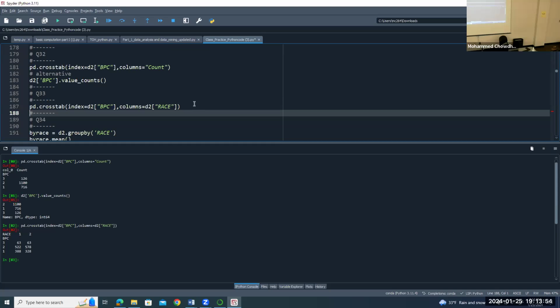I have to read it as race 2 with blood pressure category 3 equal to 63%. Understand? How can you read that? Race 2 with blood pressure category equal to 328. Okay? Clear? Take a look at that. Race 2 with blood pressure category 1 has 328. It is called the cross frequency. Okay, it is called the cross frequency.